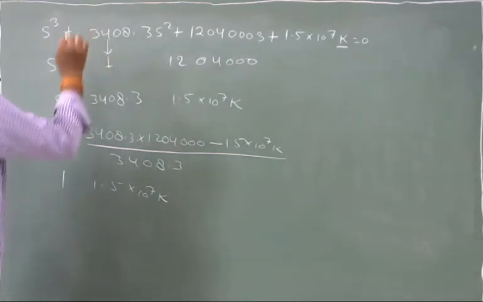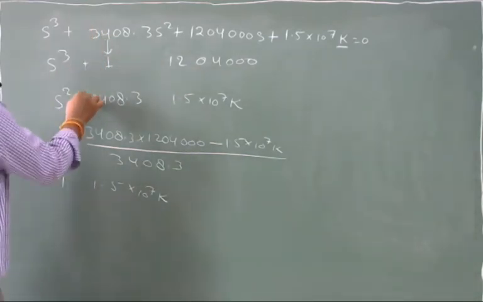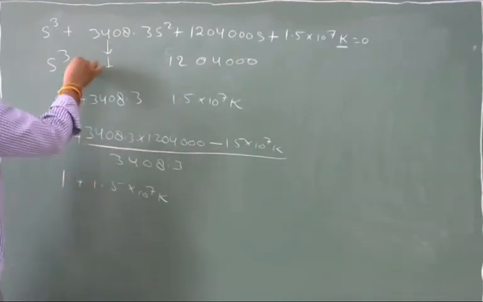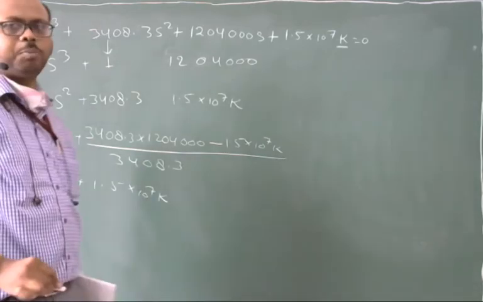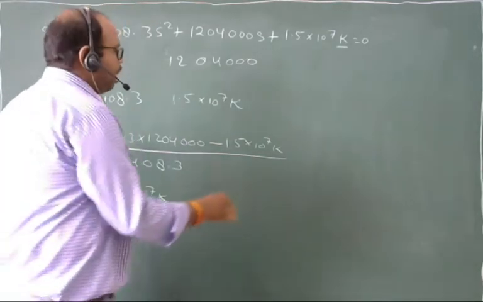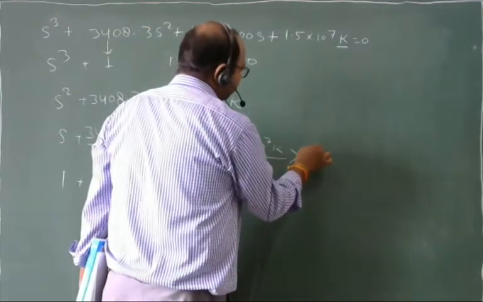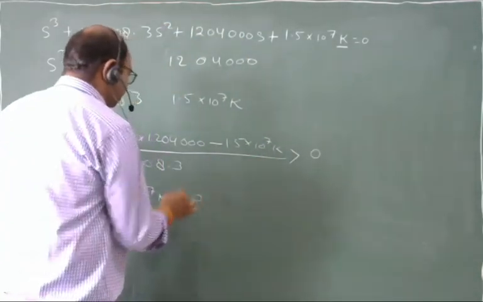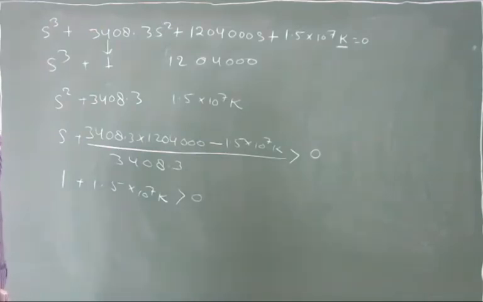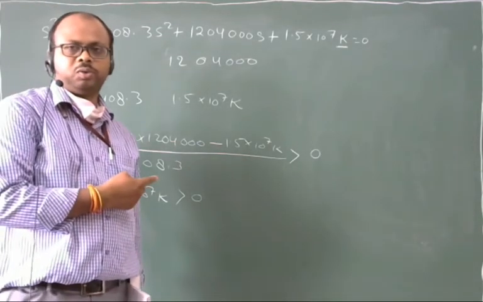in this column there should be no sign change. Means if this is positive, this is positive, then these two must also be positive, means we have the condition greater than 0. It should not be greater than or equal to 0.